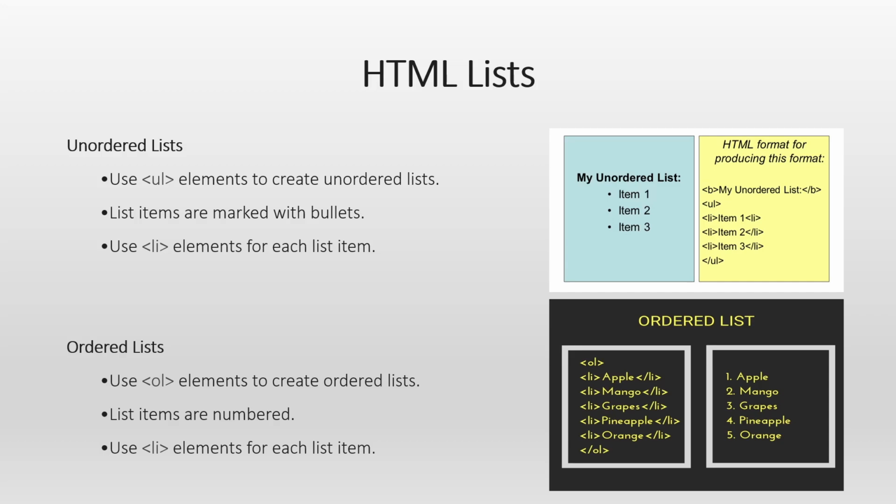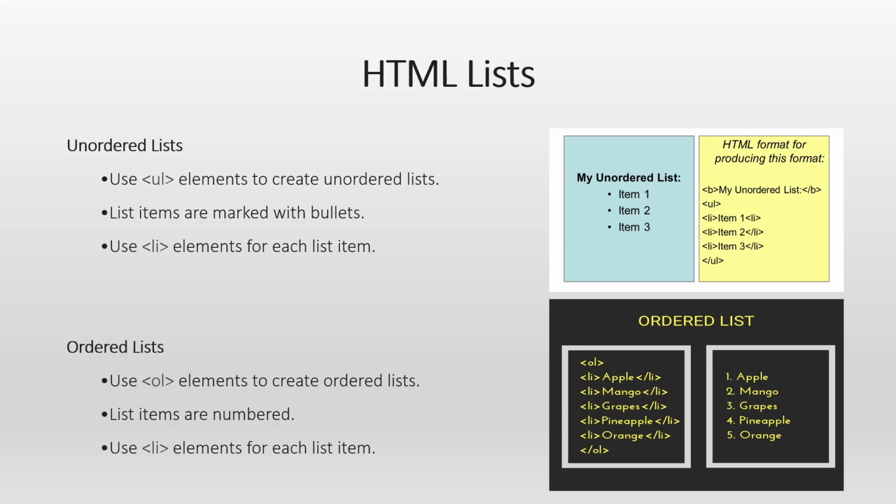As you can see, unordered lists are like bullets: item one, item two, item three. Whenever we create unordered list items, we use the UL tag and LI tag.